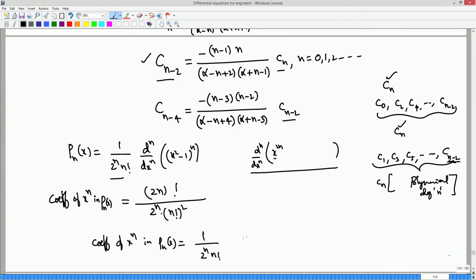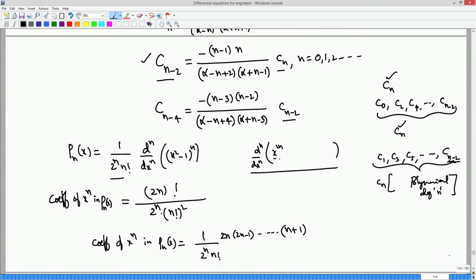So, n derivatives of x power 2n is 2n, 2n minus 1, up to n plus 1, if you do it n times.